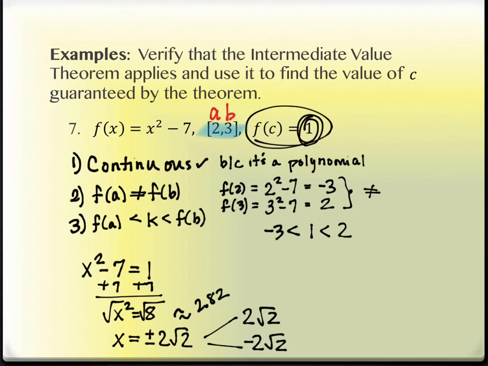So yeah, 2.82 is in fact between 2 and 3. So this is actually c, the c value I'm looking for. They aren't both. They could be. I mean, I could get two answers and both of them are between my interval. It's possible. This one just didn't. It didn't work out that way, okay? Any questions on that?